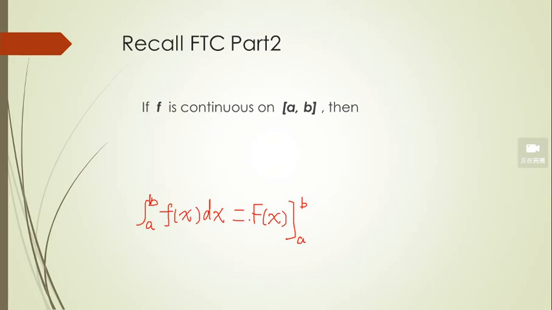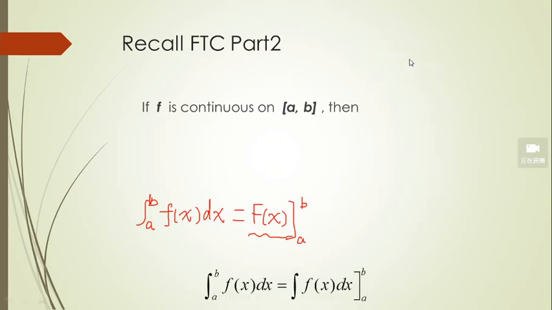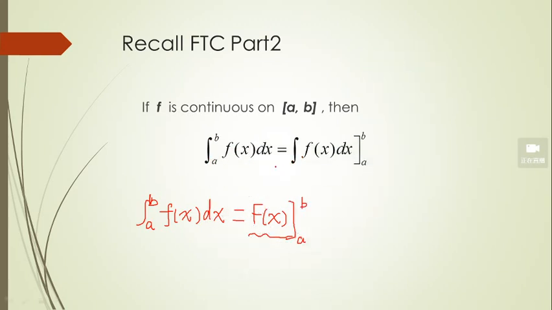Now we have a new notation for the indefinite integral. So we can represent this f(x) as the indefinite integral of f(x) dx, then evaluated at a and b, take the difference.